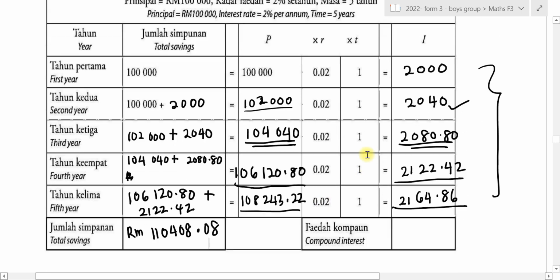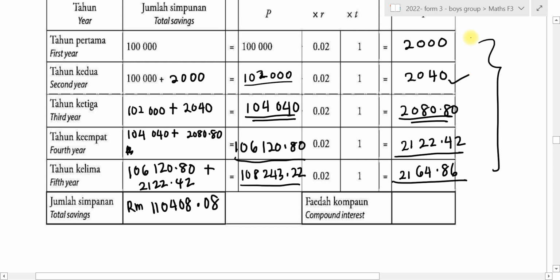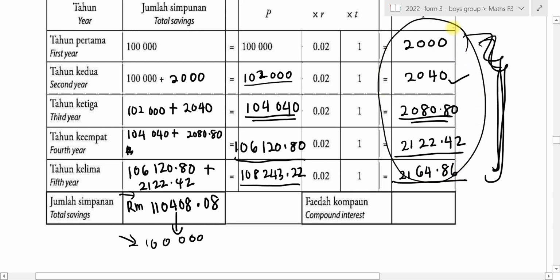And the compound interest total here, sum up everything here, or just take this amount minus the 100,000. That is the interest you gain. What you deposit is 100,000 and then ended up the amount is here, so the difference should be the interest, right? Either method.